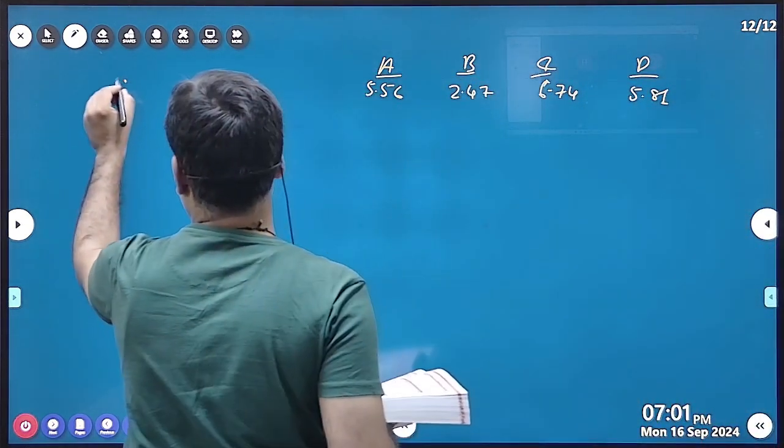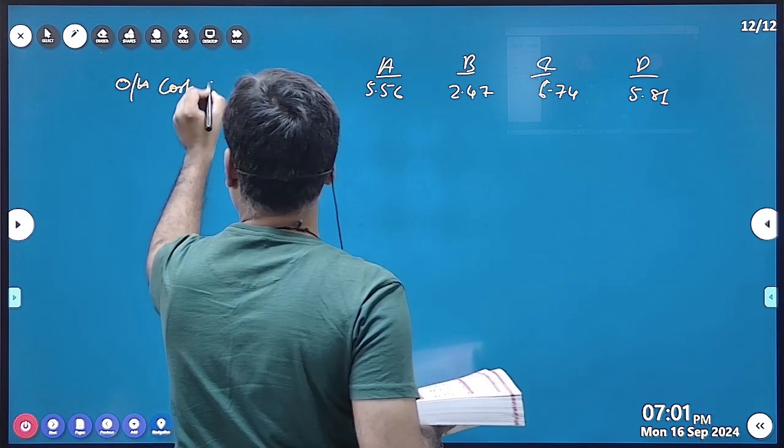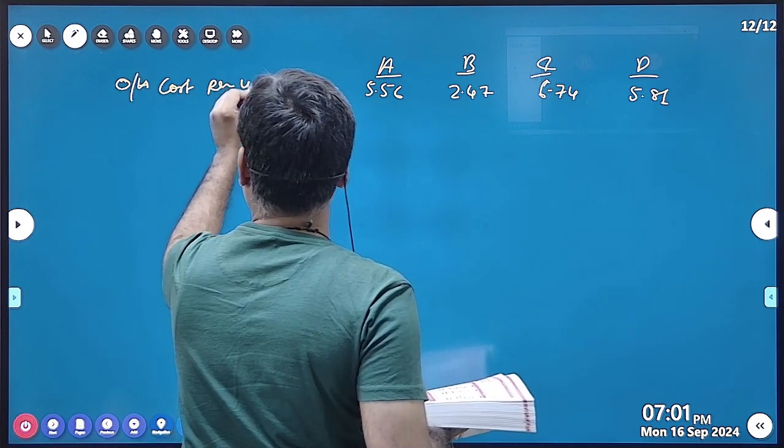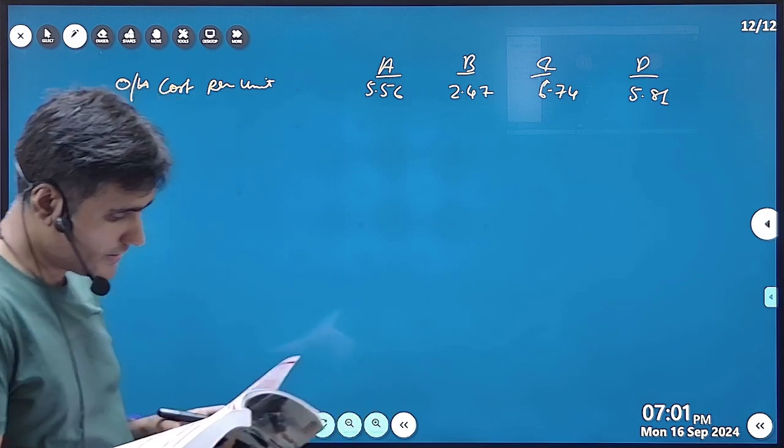So this is the overhead cost per unit. Now they have given the selling price per unit.